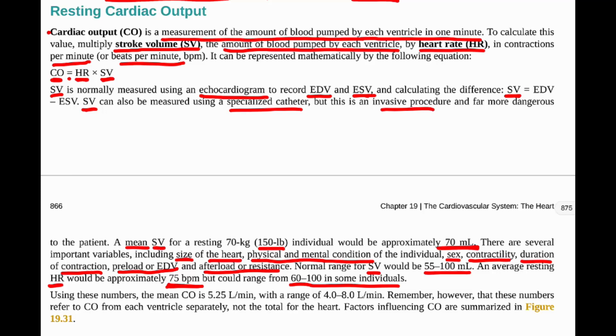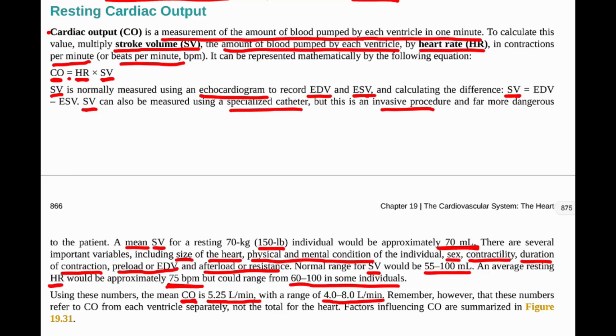If we use those two averages, then we calculate the cardiac output is about 5.25 liters per minute. So we're moving about 5.25 liters per minute with our heart. The range then would be about 4 to 8 liters per minute.